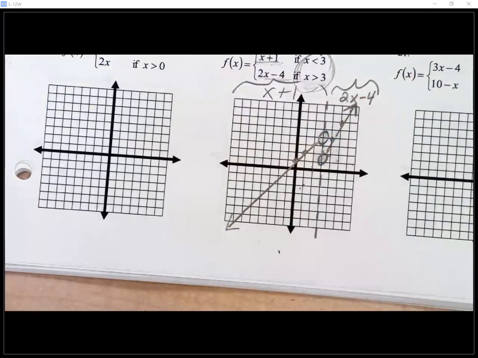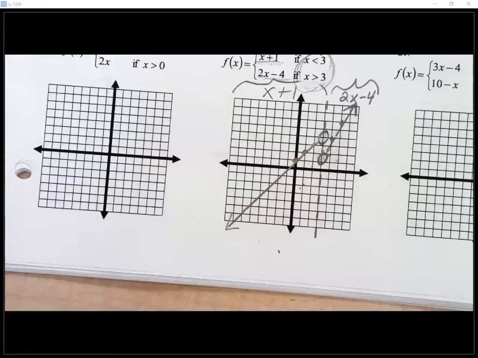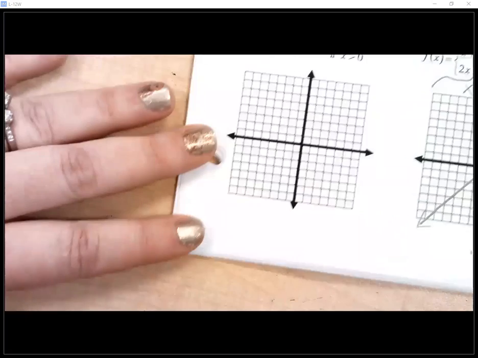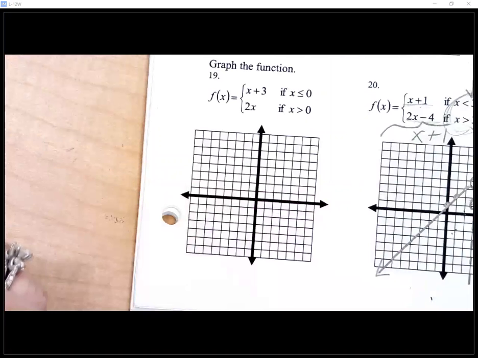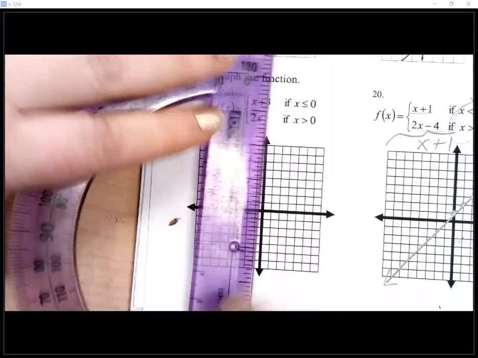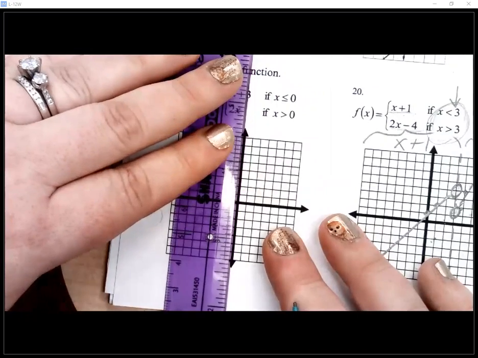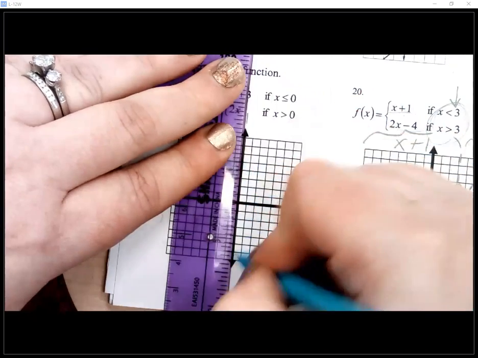Shall we try another? I knew you'd want to. All right, how about, let's go back to 19. This time, my split happens to be happening at 0, right? So you could, I mean, if you want to draw your dotted line here, but it's sort of already there. Let's do that just to kind of remind myself.